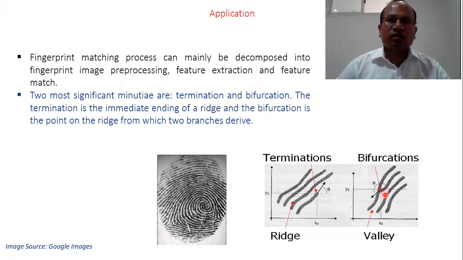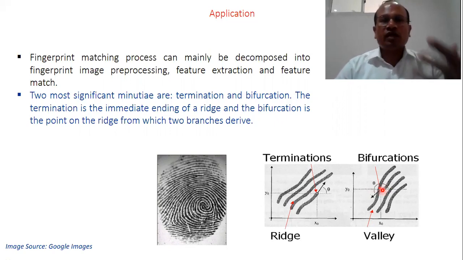Please understand, when the fingerprint quality is not good, when there is dirt here, and suppose this joint is not recognized properly, it will not look like a bifurcation; rather it may look like a termination.